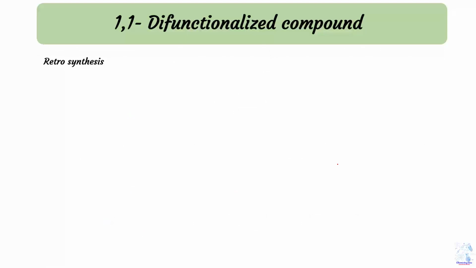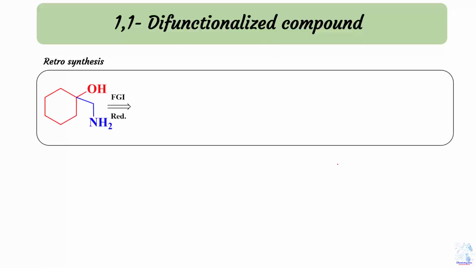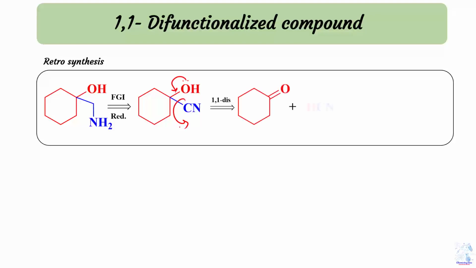Here is the retrosynthesis of another example: a cyclohexane compound having an alcohol and a CH2NH2 group on the same position. First we did the functional group interconversion. With reduction we get the cyanide, then we switch to the C-X disconnection, or sorry, 1,1 group disconnection, and we remove it like that; we get OH plus and then the ketone and HCN, in simple form.